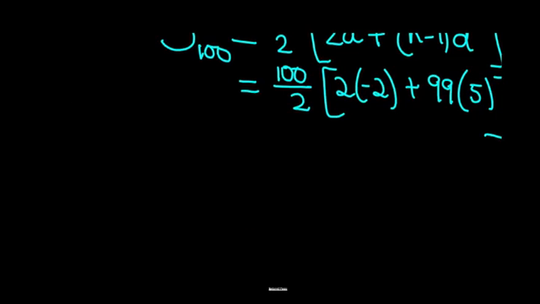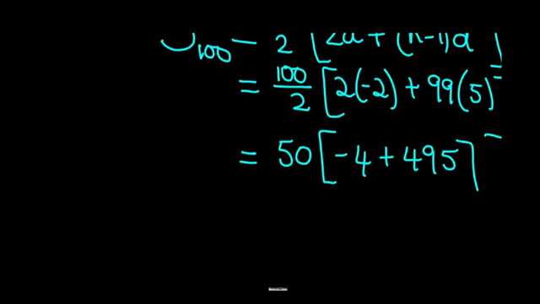So now if I add up all those 100, adding minus 2 to 3 to 5 to 8, etc., then I'm going to get 50 multiplied by negative 4 plus our 495. So that would be 491.